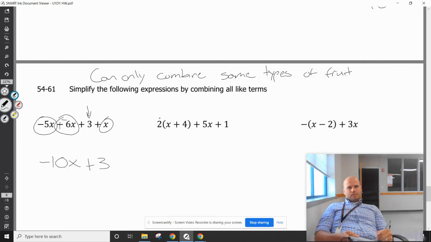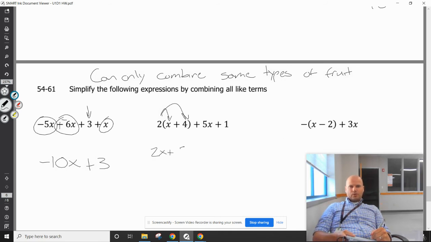Distribution. You have 2 groups of an apple and 4 oranges. You can't add this apple and 4 oranges together. They're not the same type of fruit. It's an apple and 4 oranges in a bag. You have 2 of those bags. Well, what do you have? 2 apples, 8 oranges. This is distribution, so you kind of figure out what you have.